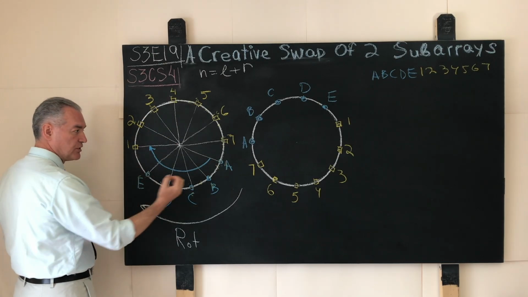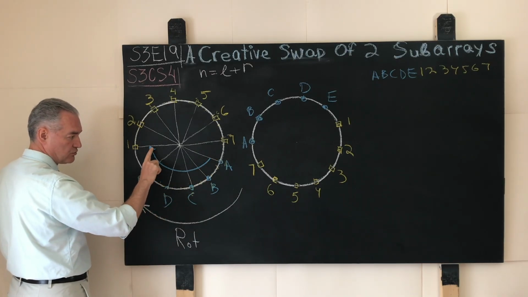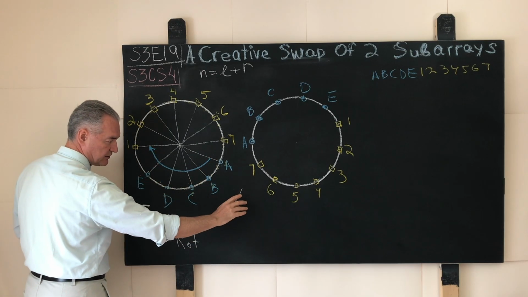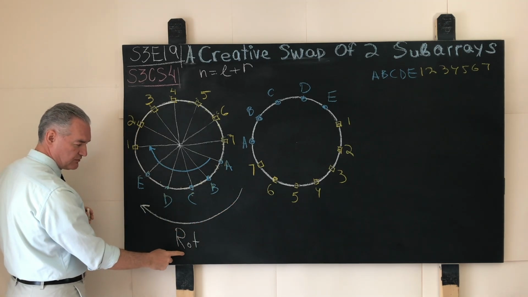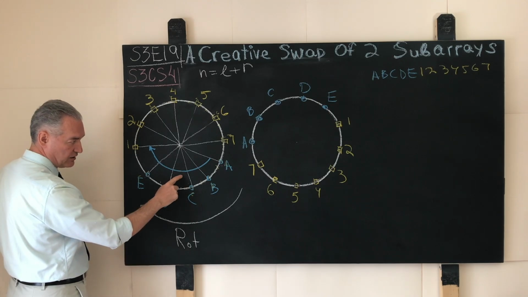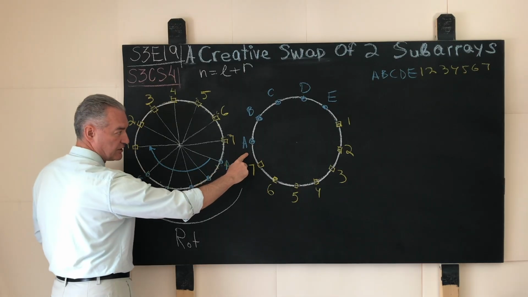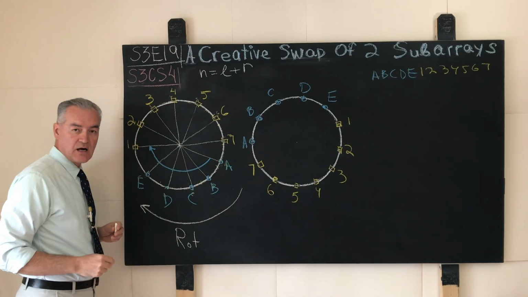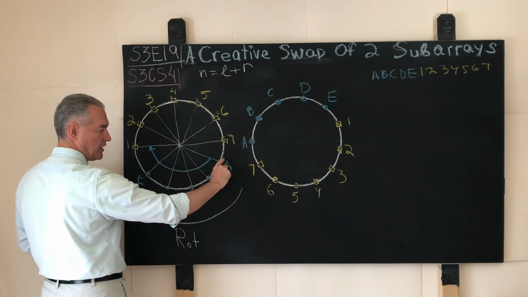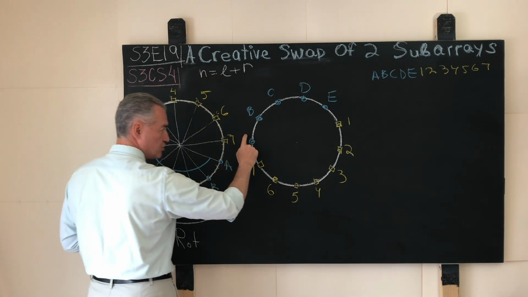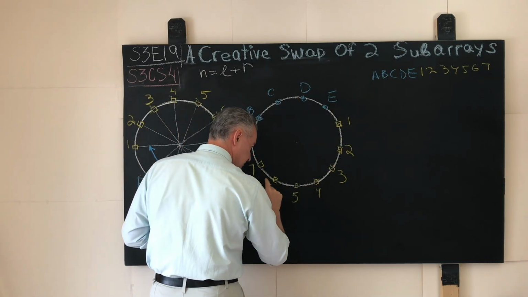And after that rotation is complete, which is shown by the blue arrow over here, and conceptually I showed this rotation with the white arrow, rotation by the angle shown over here with the blue arrow, we will have the configuration of the objects shown on the right. In other words, here we will have our elements on the circle sitting in which order? A, B, C, D, E, 1, 2, 3, 4, 5, 6, 7.